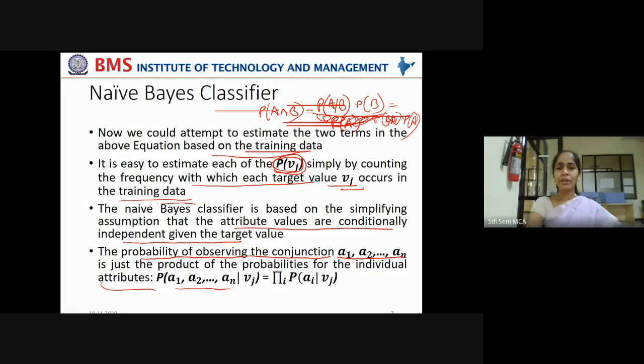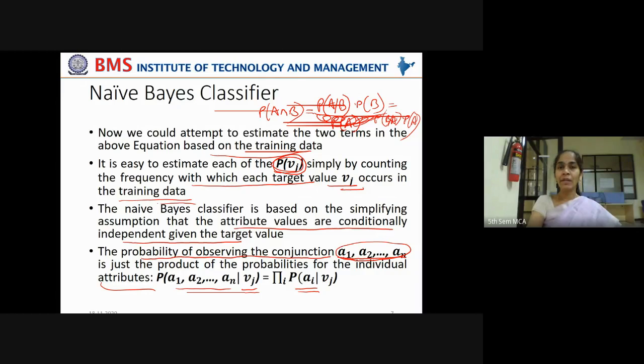Now, the probability of observing the conjunction A1, A2 and so on up to AN is just the product of the probabilities for the individual attributes, right? So the probability of A1, A2 and so on up to AN, given the outcome label Vj, is represented as the product of the individual probabilities of each of the attributes given Vj.